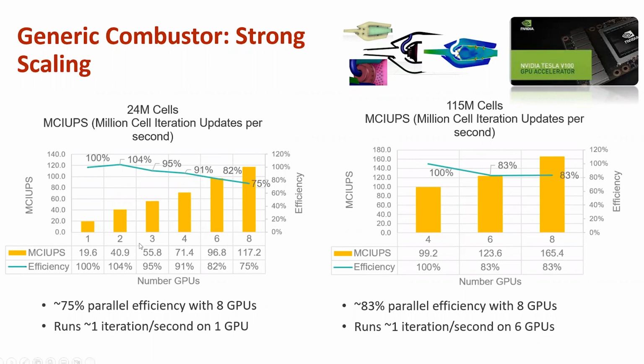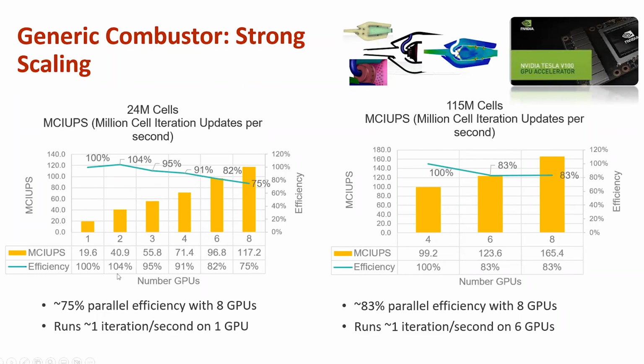So as you keep adding more GPUs, you'll see these numbers increase. Basically, if you use 8 GPUs, then you should be able to run one iteration within 1 second for 117 million cells instead of 20. So that's how these numbers scale up.